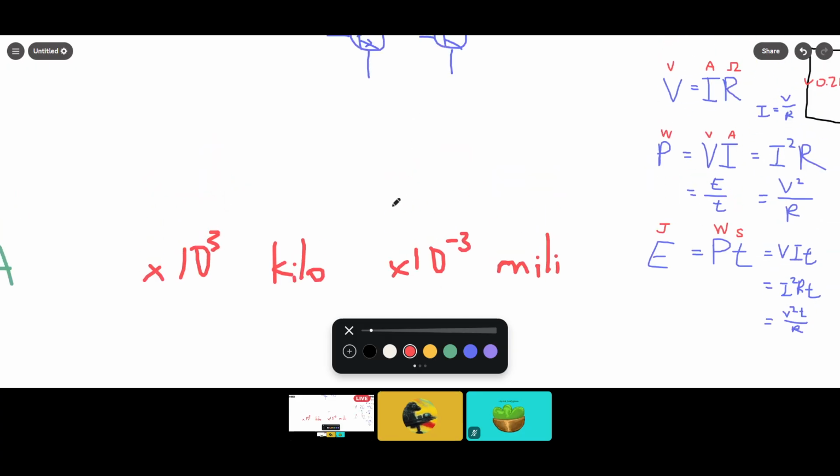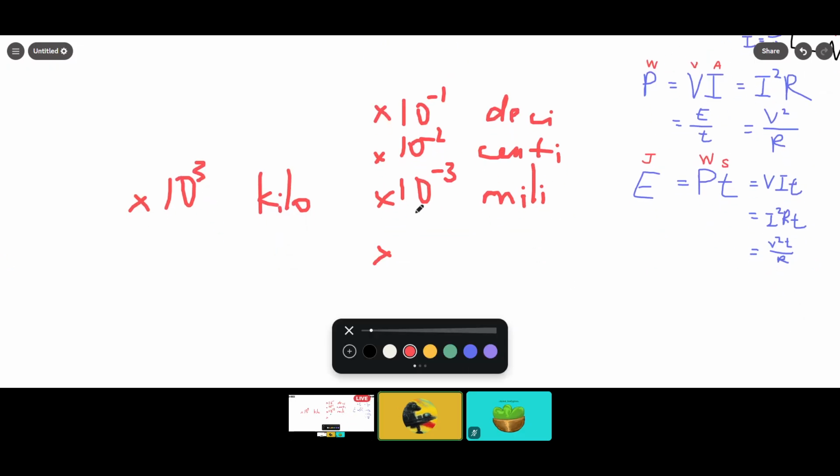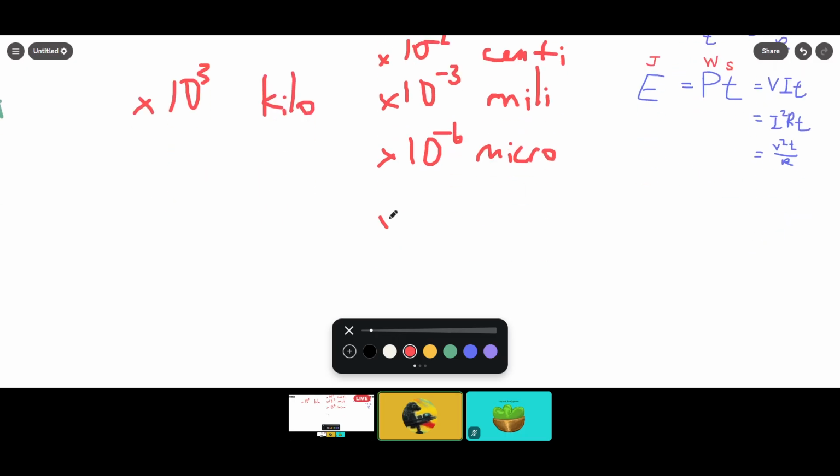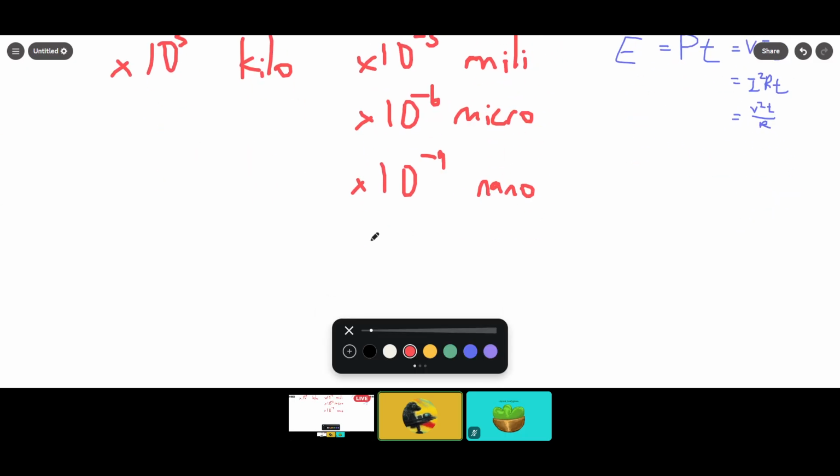So there is deci, centi, milli, and then it skips to 6 for some reason. Deci, centi, milli, micro. Then we have 9, which is nano, and then we have 12, which is pico.